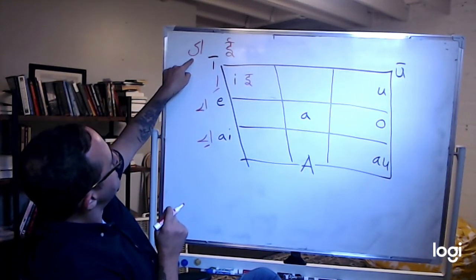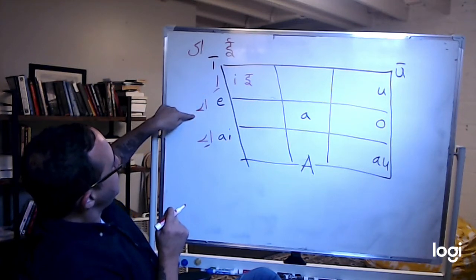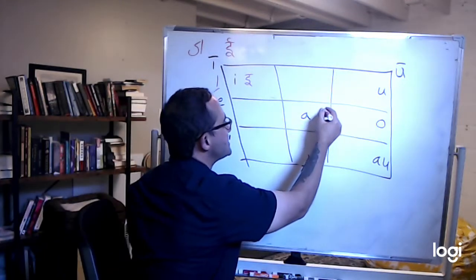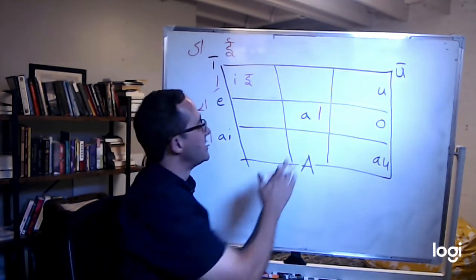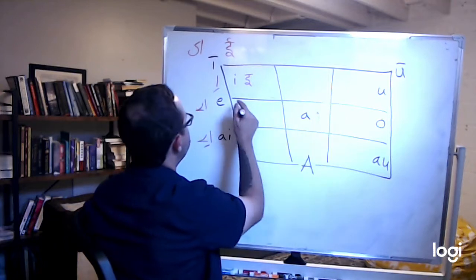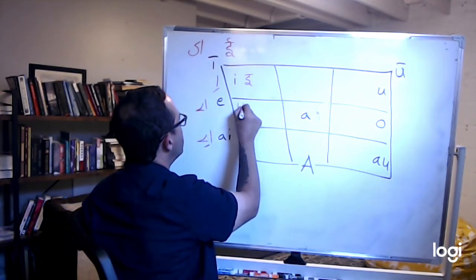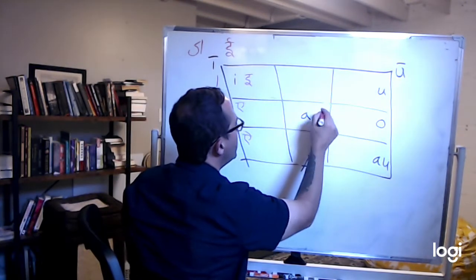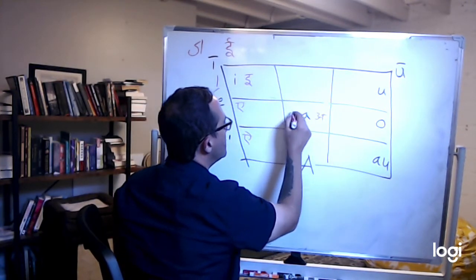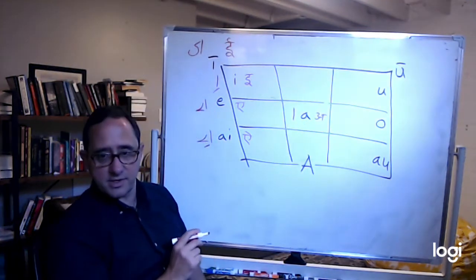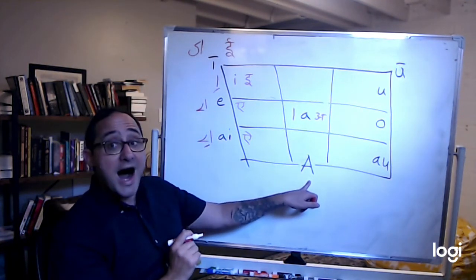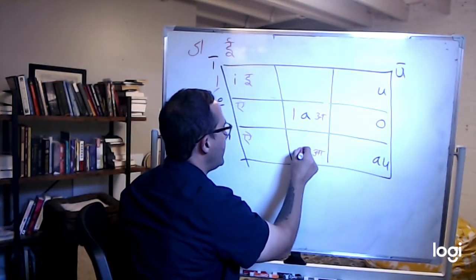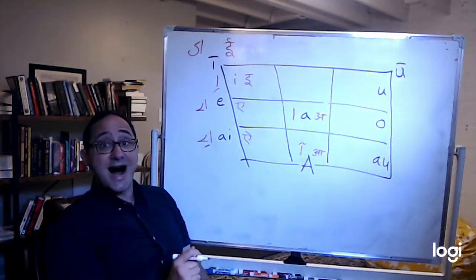So E, I, A. What about the next one? Oh, I should make the Devanagari here. Sorry. It's just this. Or in Urdu, it's just that vertical line. This is in Devanagari, and in Urdu, it's this.